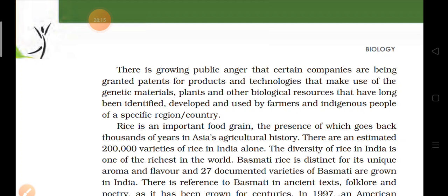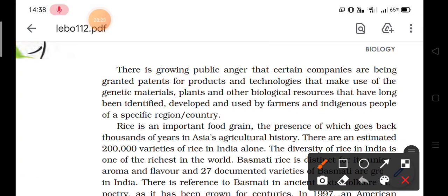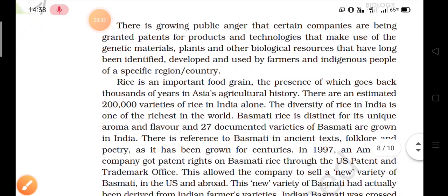Now there is public anger also, that certain companies are using patents, products and technologies, and then selling those products by putting their own trademarks. For example, the neem, the tulsi or the aloe vera: uses of all these plants are mentioned in our Ayurveda also, meaning India has the patent for all these products.